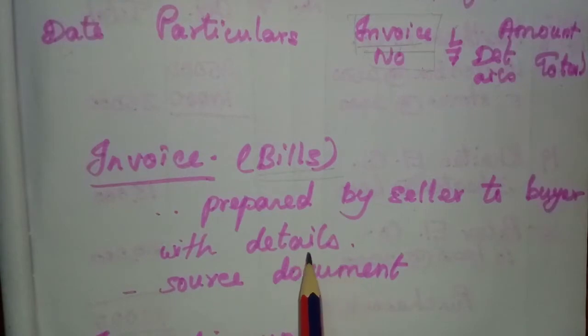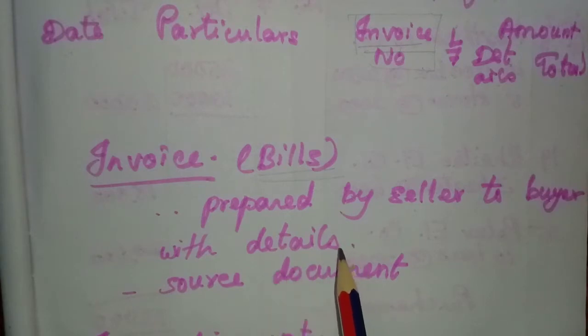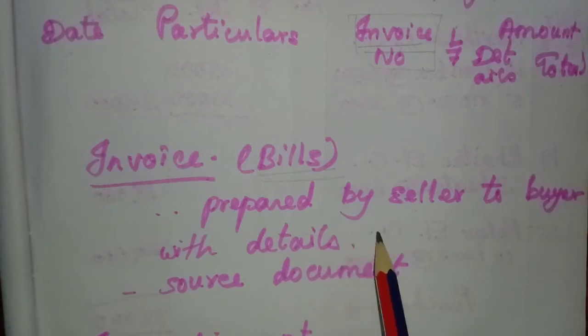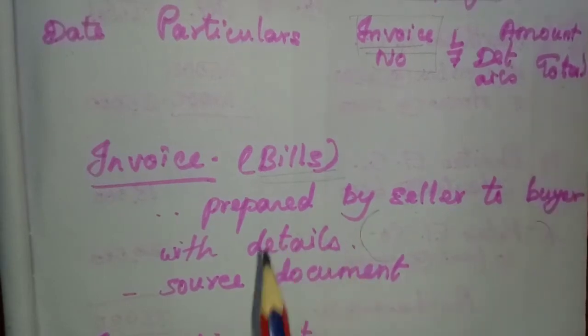Everything will be there in the invoice: the name of the seller, the seller details, buyer details, then the product details. What is the description of the goods, then quantity, rate, amount, and any discount. All the details will be available in the invoice.